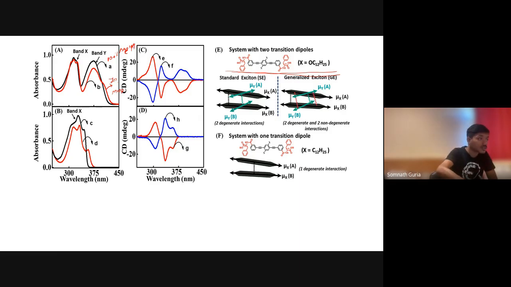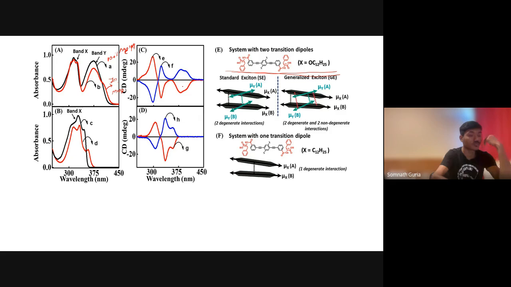They found different UV-vis spectra, but more interestingly, in the CD spectra they have different CD for each. Initially the black line is the CD spectra of this system in a very dilute solution, and we don't find any CD activity of these molecules.